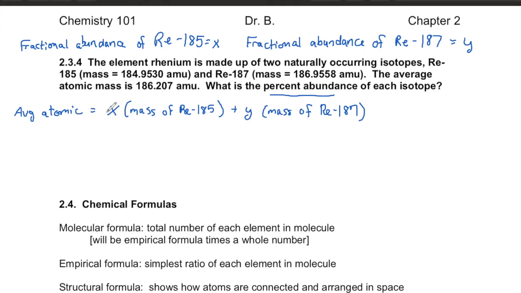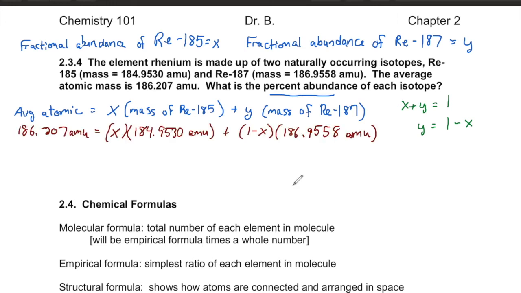In this case, what we don't know is X and Y. We do know the other 3 items. And we also know that X and Y add up to 1, and that Y is therefore 1 minus X. So we can replace the Y with 1 minus X, and then we'll only have X in the equation.